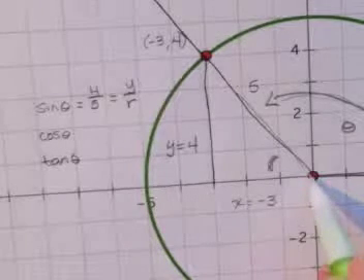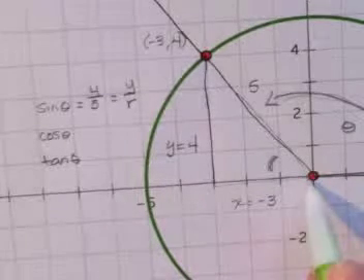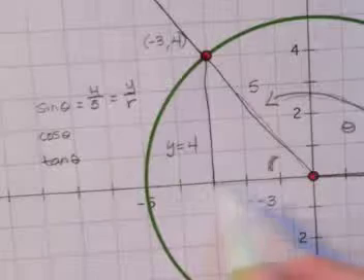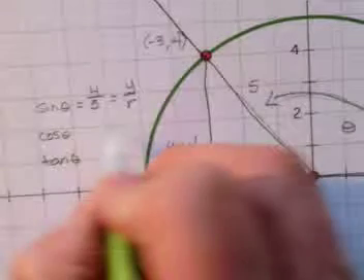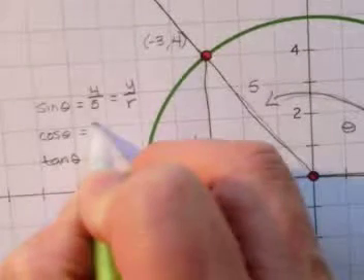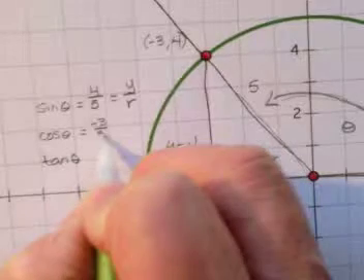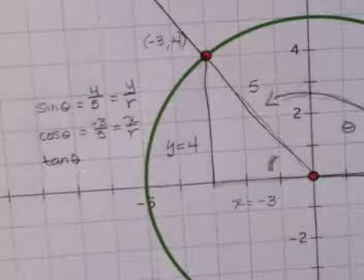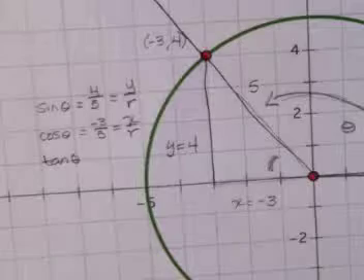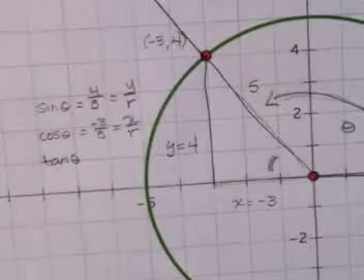Now I'm going to find my cosine, which is my adjacent over my hypotenuse, or x/r, and that happens to be -3/5. Remember, it's x/r, and my x value is now negative since I'm in quadrant 2.